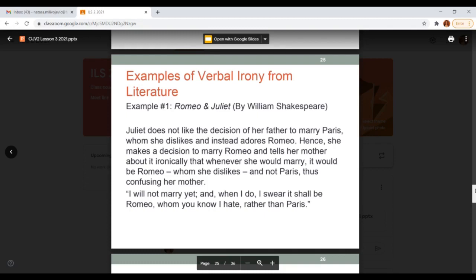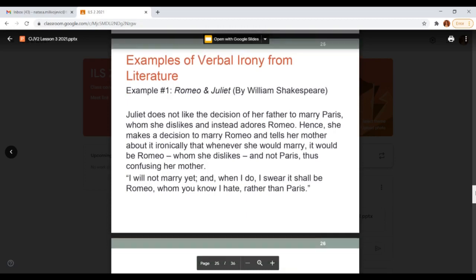Hence, she makes a decision to marry Romeo and tells her mother about it, ironically, that whenever she would marry, it would be Romeo whom she, according to her words, dislikes and not Paris, thus confusing her mother. "So I will not marry yet, and when I do, I swear it shall be Romeo, whom I hate, rather than Paris." So this is just verbal irony again. She's saying something, but there is something else understood in the underlying message.